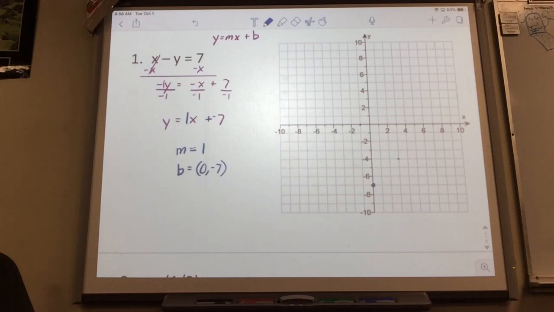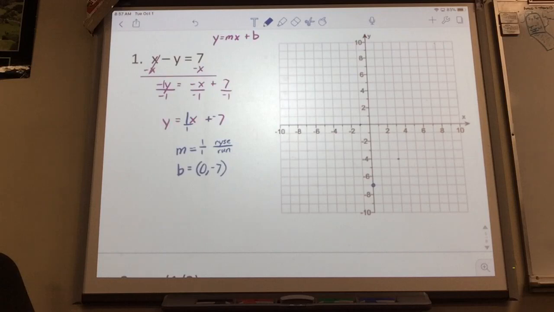Okay, the second thing is our m. Slope is easiest when it's a fraction. That's the only time where fractions make it easier. So instead of 1, I'm going to make that 1 over 1. Okay? And slope is rise over run. So this is different than an ordered pair.